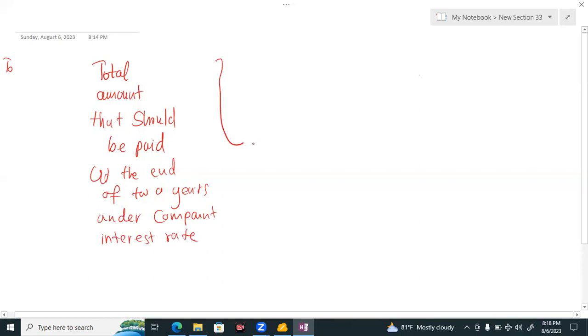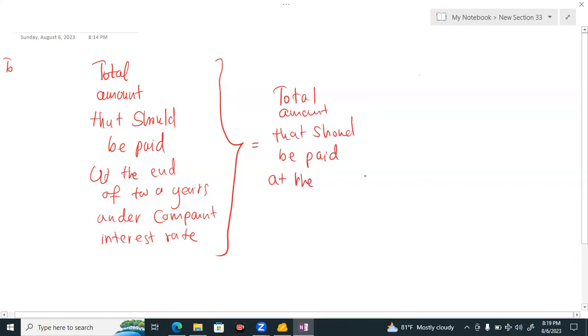This is calculated by the total amount that should be paid at the end of the first year.